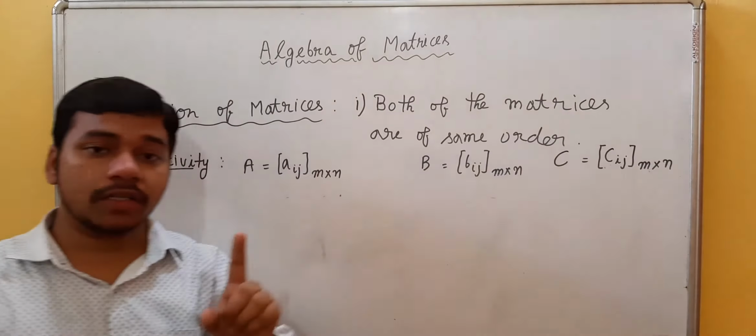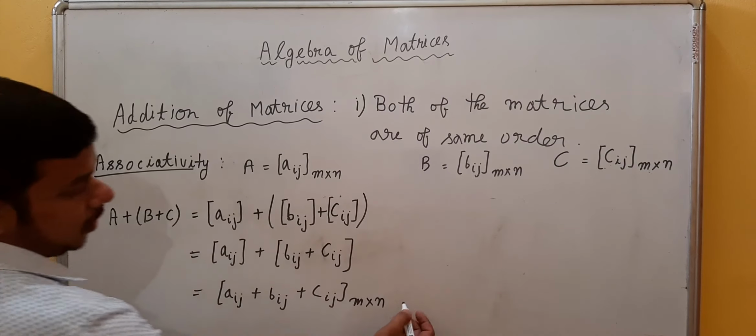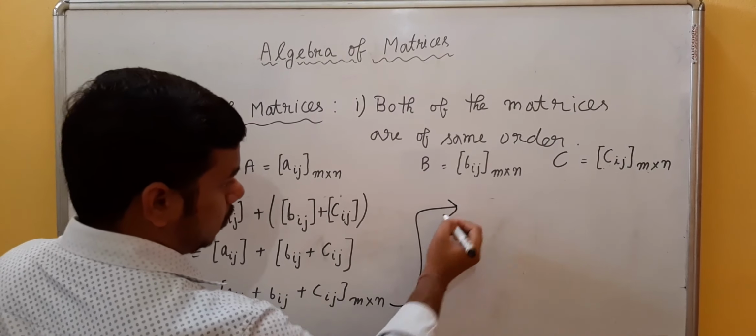Aij plus, it will become a new matrix whose ijth element looks like this, Bij plus Cij. Right? Now add these two matrices Aij plus Bij plus Cij. Any problem in this step? No. Now after this, let us come to here.